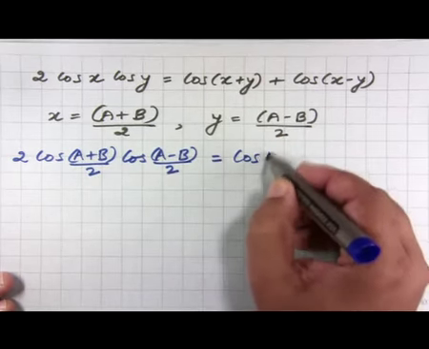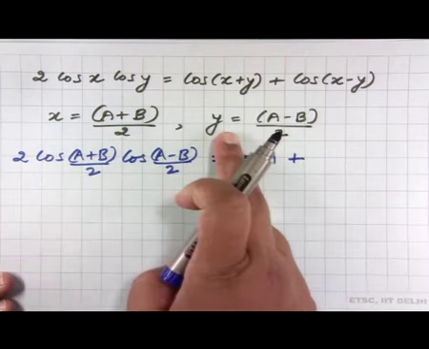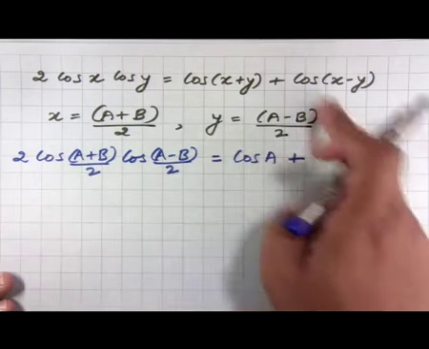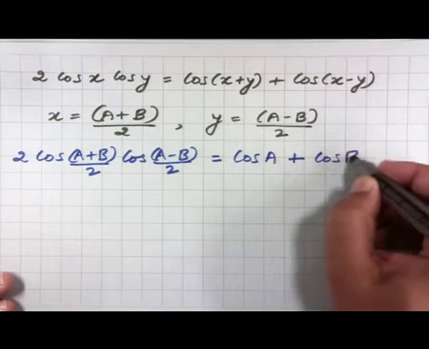So, we get cos a, and similarly x minus y is b. So, cos of x minus y is cos of b.